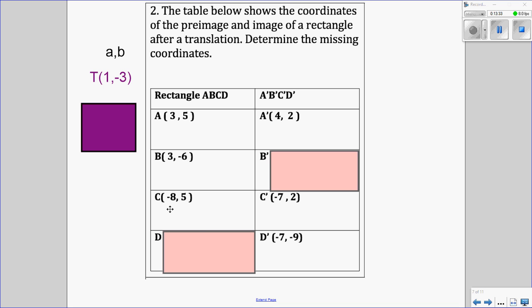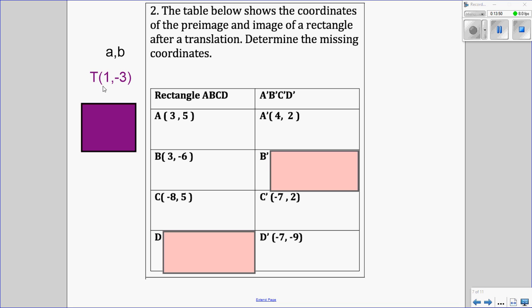And if you didn't look at A, and you looked at C, you will notice that from -8 to -7, you moved 1 unit to the right, and from 5 to 2, you moved 3 units down.